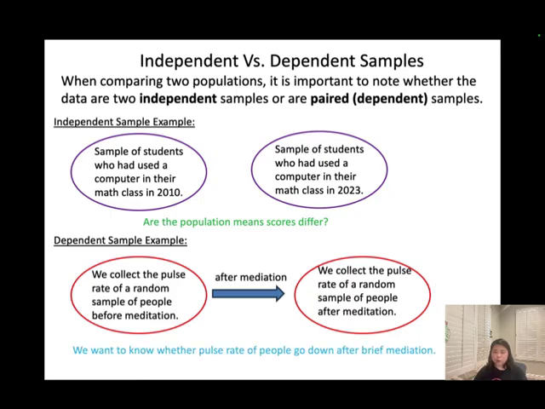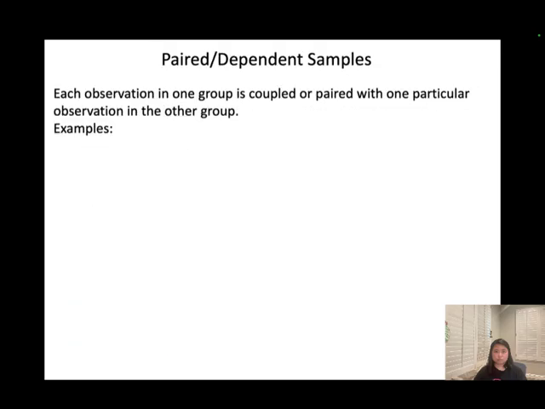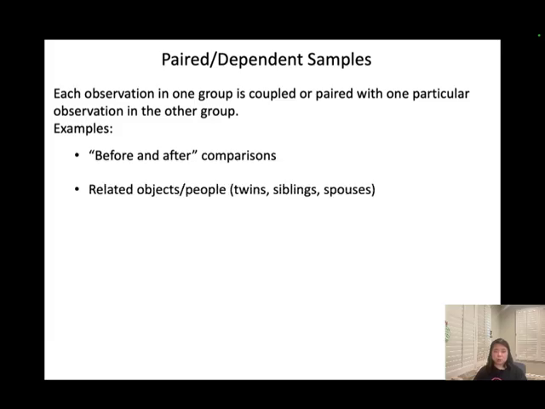They want to know whether the pulse rate of the people goes down after the medication. So each observation in one group is coupled or paired with one particular observation in the other group. For example, we may want to see a before and after comparison, or we may want to see related objects or people like twins, siblings, or spouses.